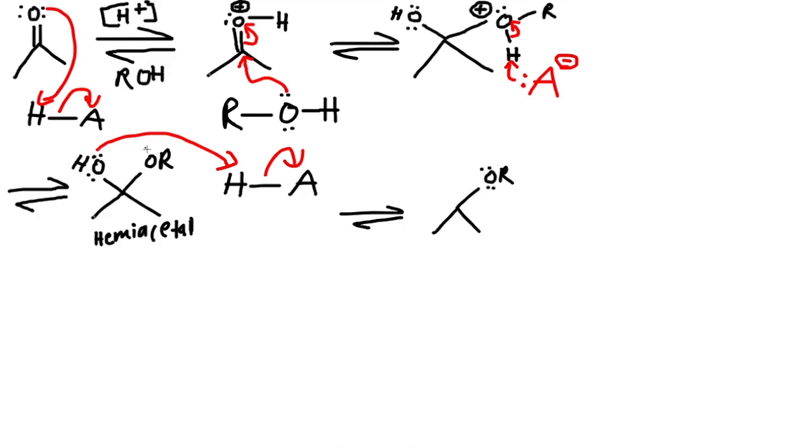Now in this case, the HA comes again, grabs the hydrogen, kicks off the acid. Now the OR stays there. We have this water forms, positive charge. Now that oxygen forms a double bond and kicks off the water. So we lost water during this reaction.